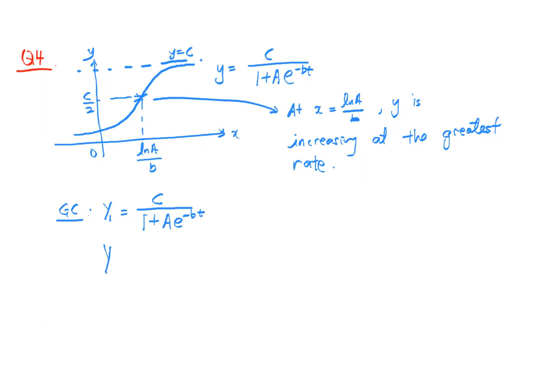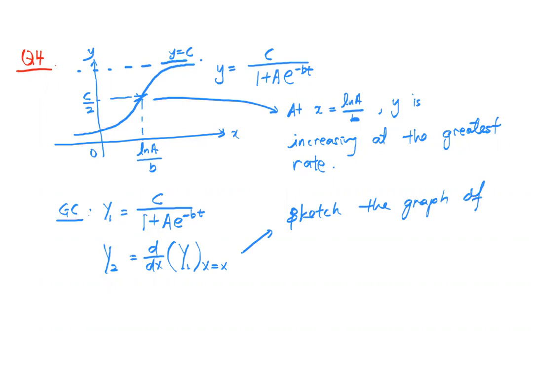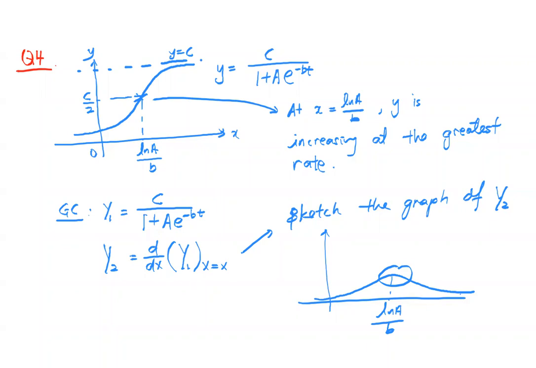Then you key in your Y2 as this, and you sketch the graph of Y2, you will get a graph like that. Am I right? And this one is definitely ln A over B. Am I right? Didn't I draw that? Okay.